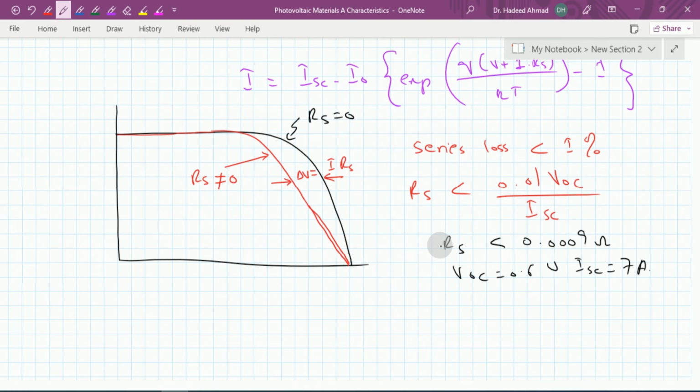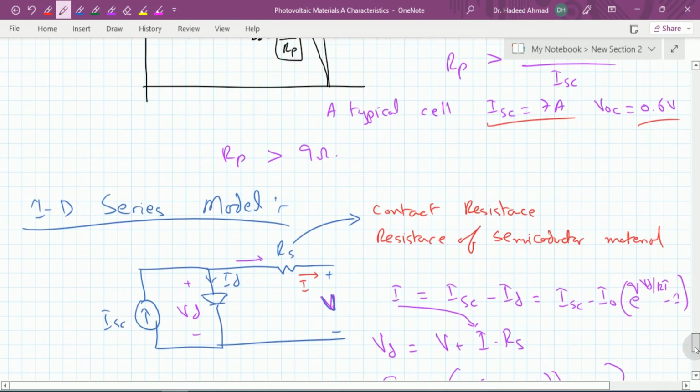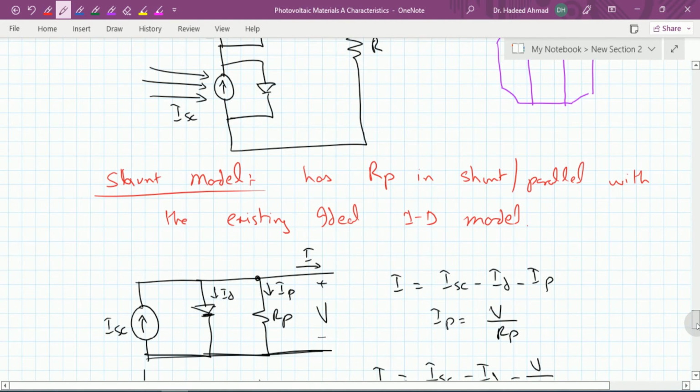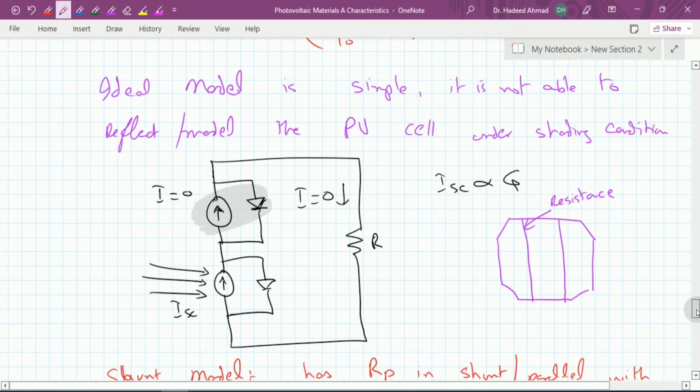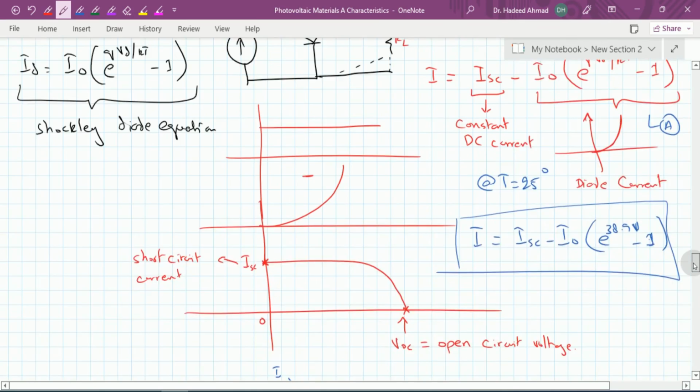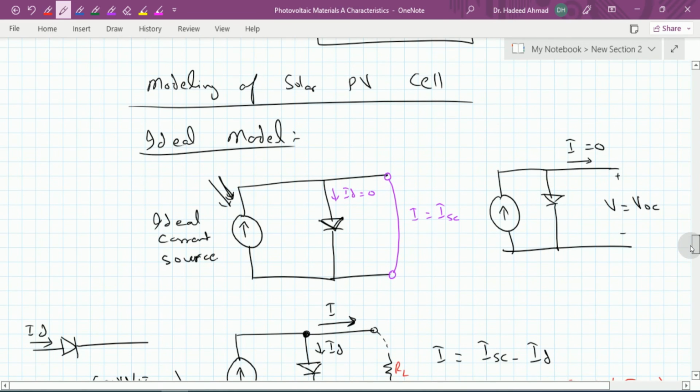Now this series loss and the shunt loss, both of them are reported in the literature as a series model as well as a shunt model. Remember that the concept of modeling a diode in its detail revolves around different factors.